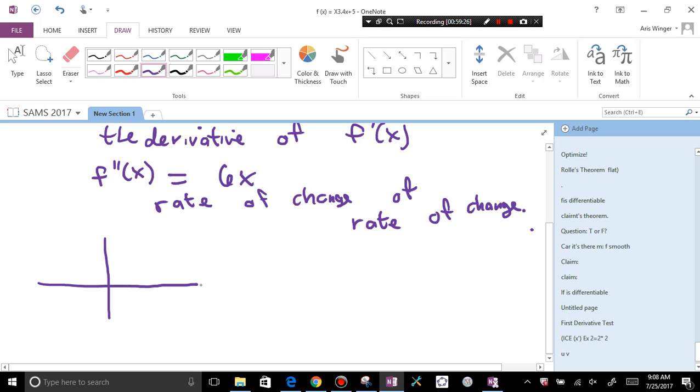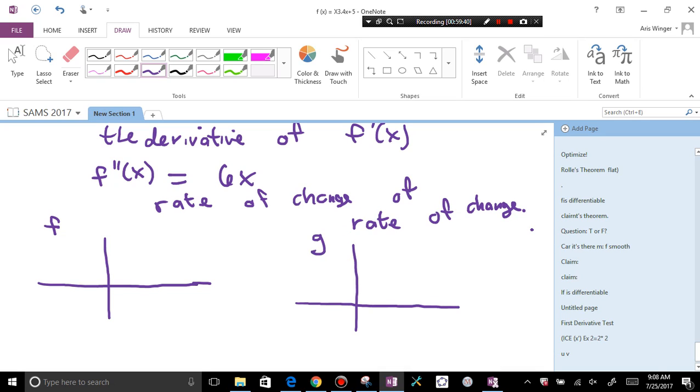I'm going to draw a function f. I'm going to draw another function g. Here is f.